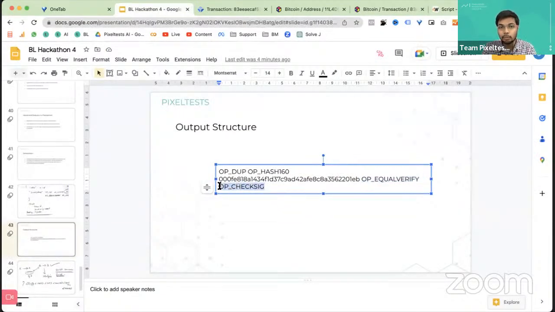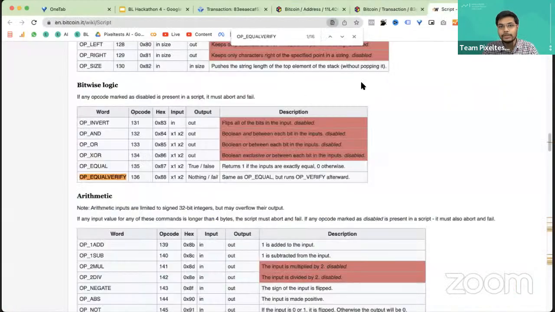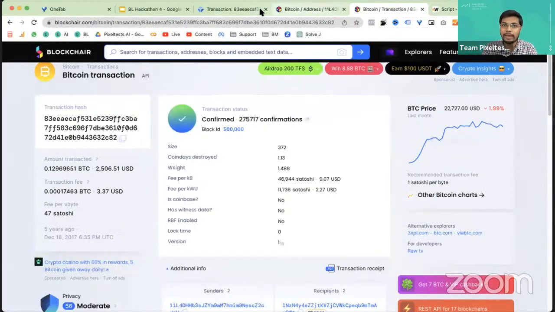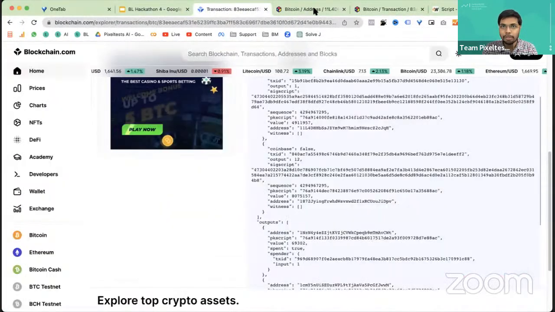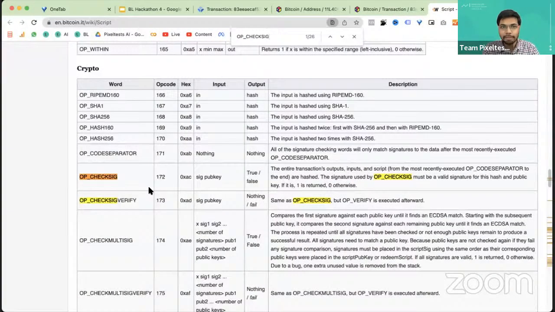Then we have OP_CHECKSIG. We have extracted this from the transaction history only. Every output will have the same structure, right? So we're trying to decode each of these commands and what they do. What OP_CHECKSIG does is that the entire transaction's outputs, inputs and the script are hashed.